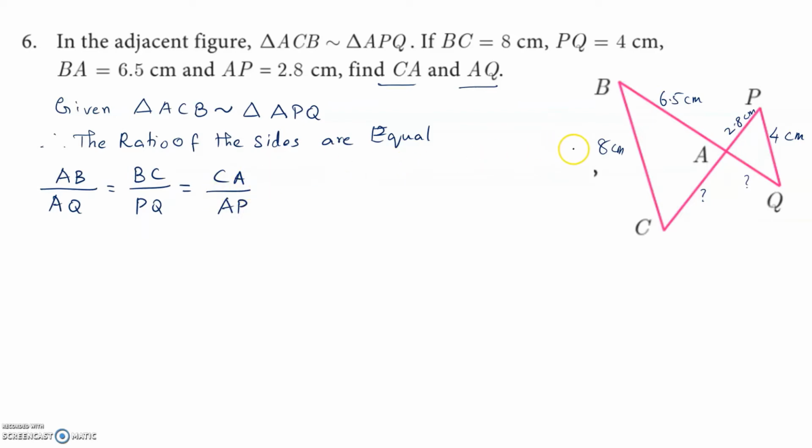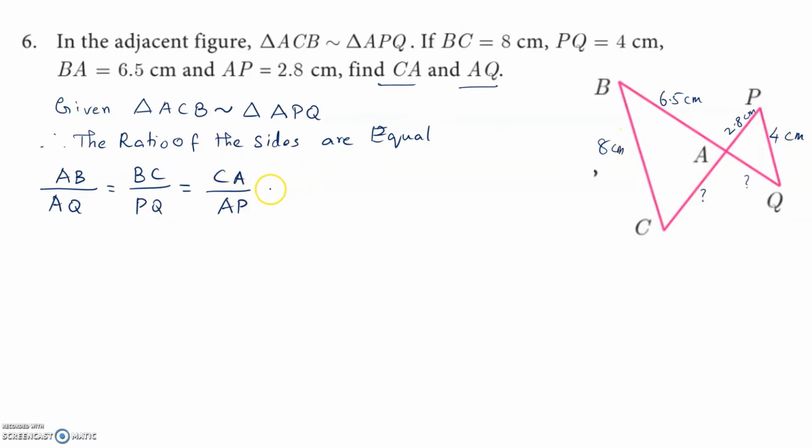The side AB is similar to AQ and our side CA is the corresponding similar side of AP, and then BC and PQ are the corresponding similar sides. So their ratios are here.